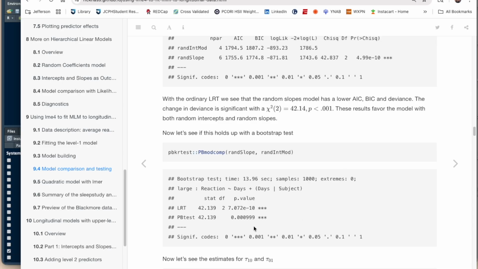So the result there is not too much different in the way that we would make our decision than the likelihood ratio test.